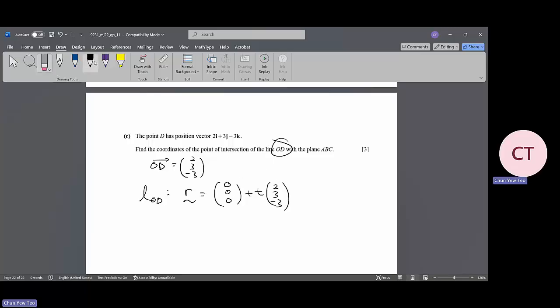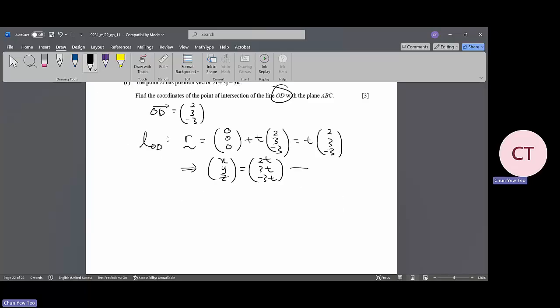So we can just make it become like this only. That means the random point x, y, z will be 2t, 3t, and -3t.